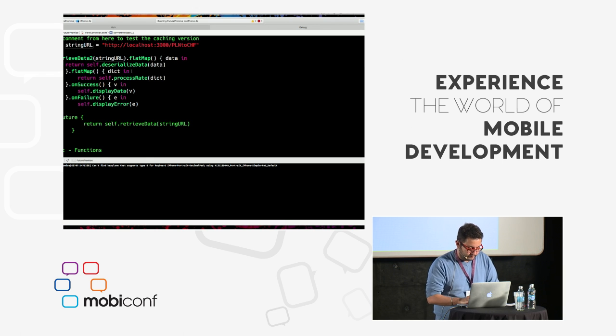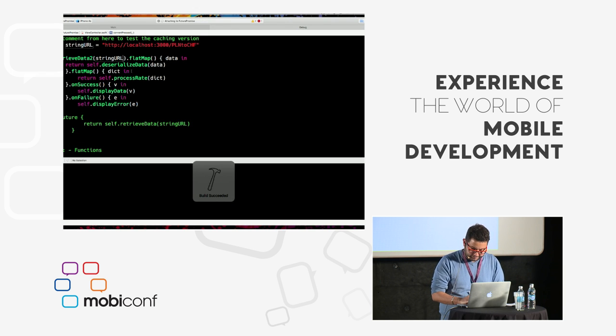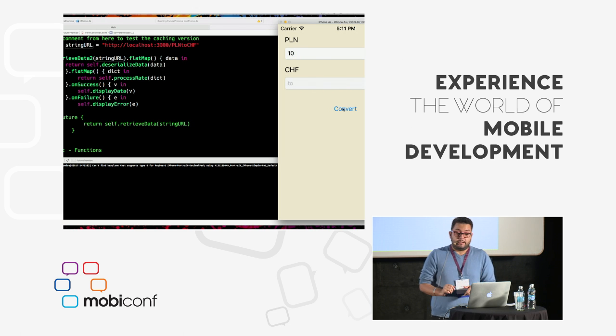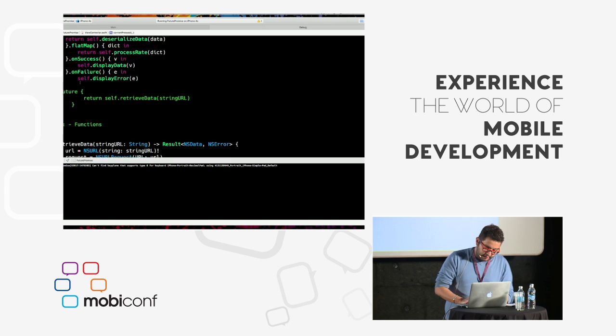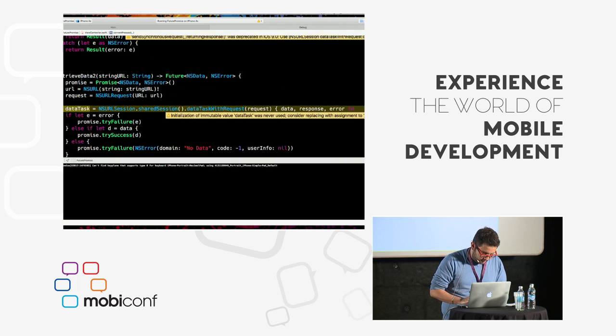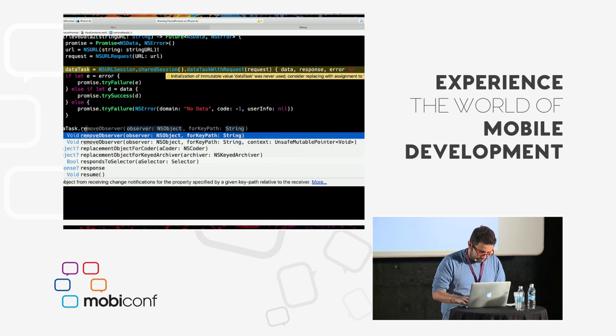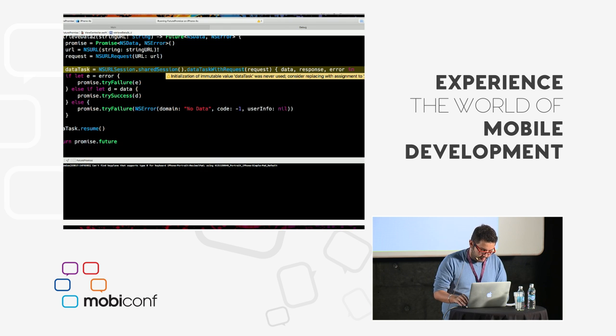Here we go. So if I run this, it should work. I go here, I tap, I convert. No, doesn't work. Unfortunately, I forgot one thing. I forgot to resume my data task session.